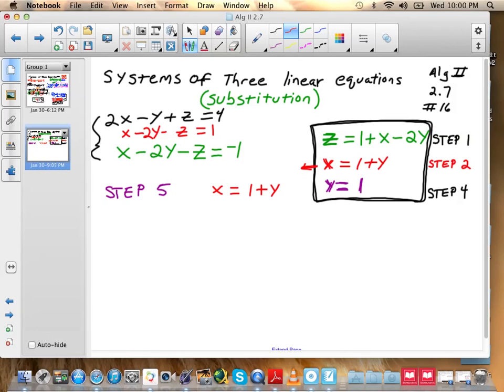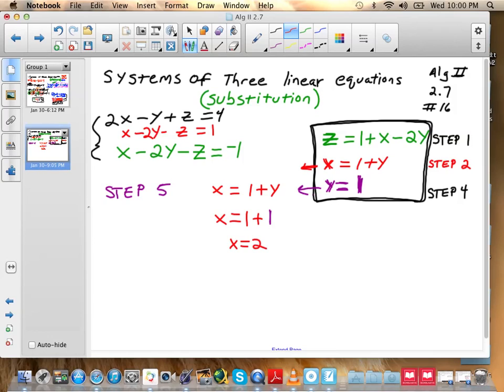Well, I determined in step 4 that y equaled 1, so I'm just going to replace the y with a 1. x equals 1 plus 1. So to close that out in step 5, x equals 2.